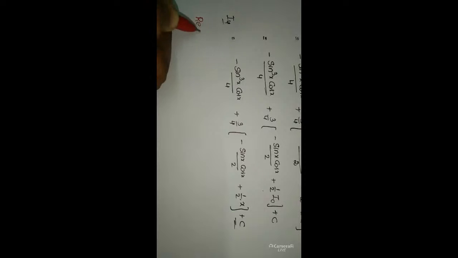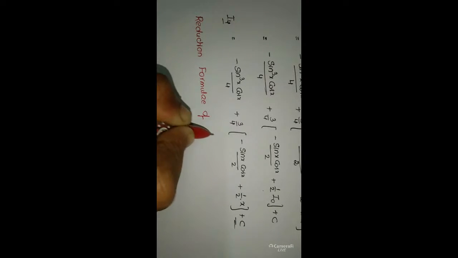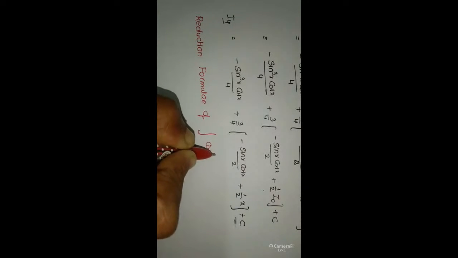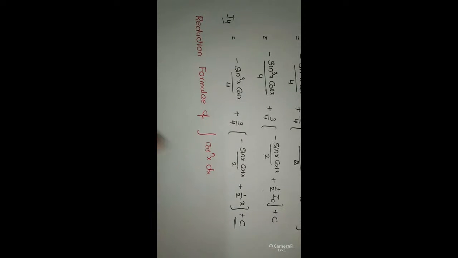And the next one, reduction formula for integral cos power n x, which is exactly the same model as the integral sin power n x dx problem. So this is equal to integral cos power n x into dx. We will solve this problem exactly in the same manner as the last problem.